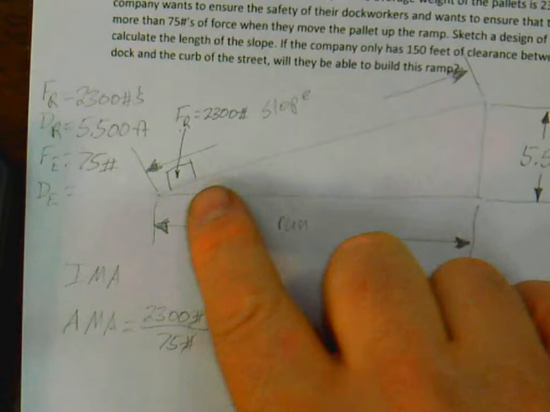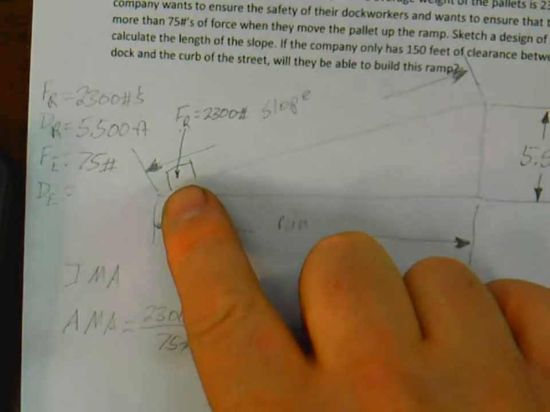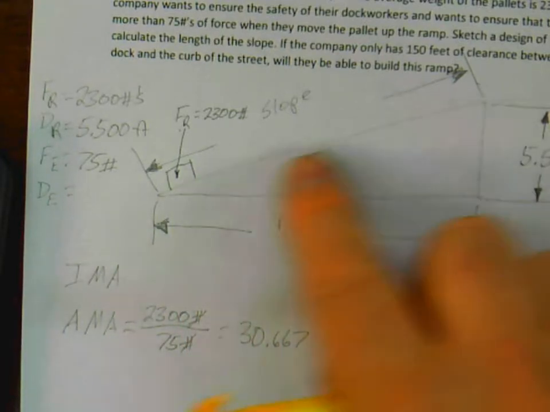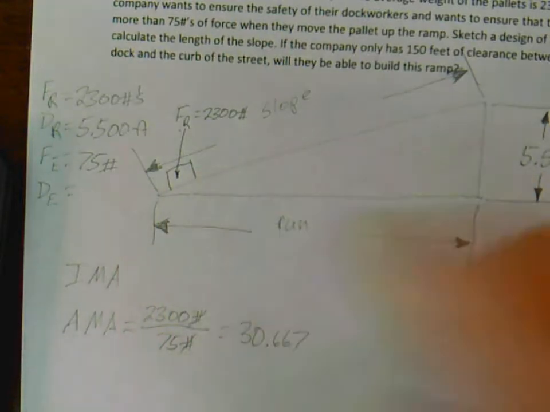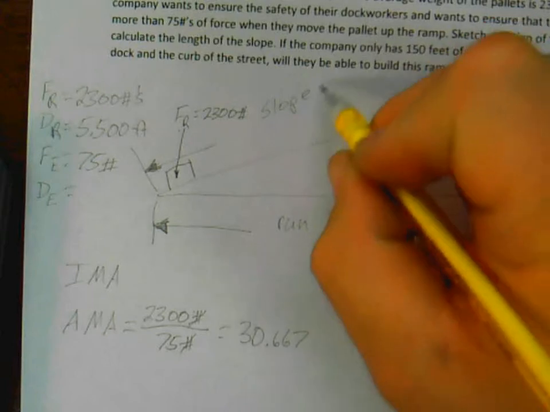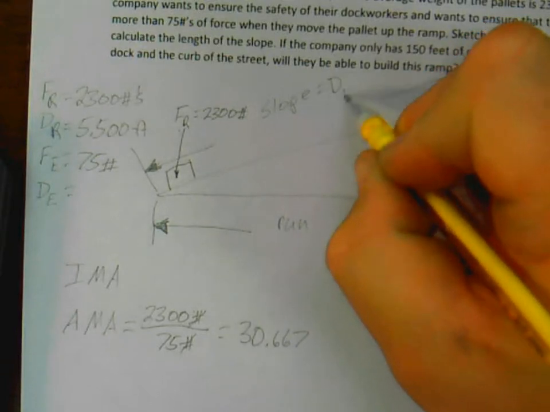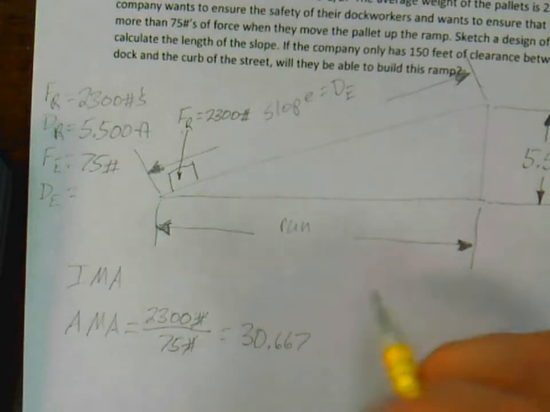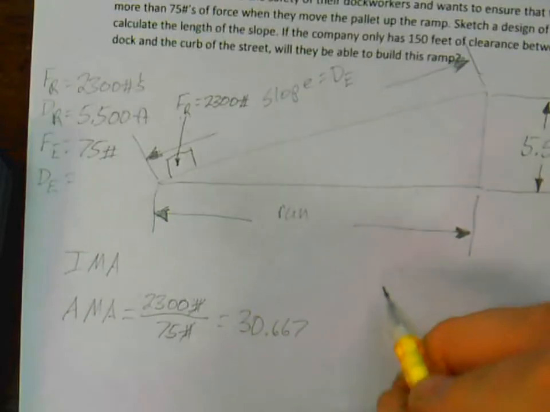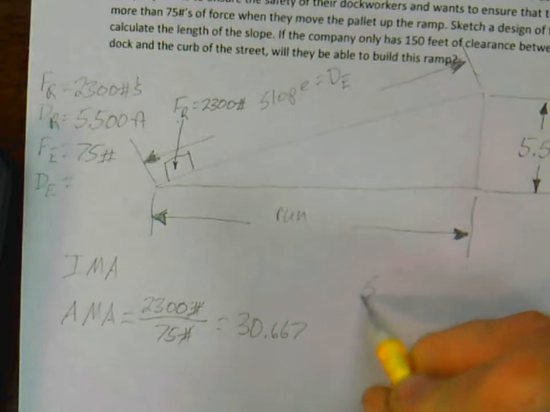So here is my DE. And if you recall from our PowerPoints on Project Lead the Way, slope, they label this as L, that length over our height.